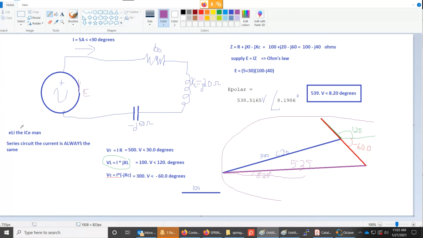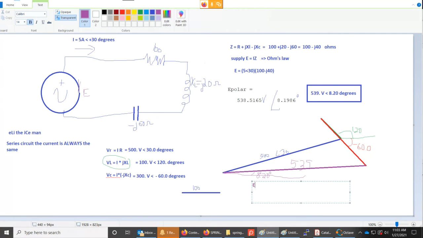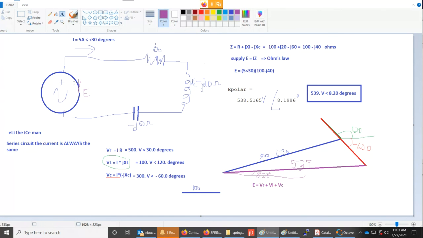And this is verifying Kirchhoff's voltage law, right? So we have E is equal to VR plus VL plus VC. Okay, and this is what that would look like.